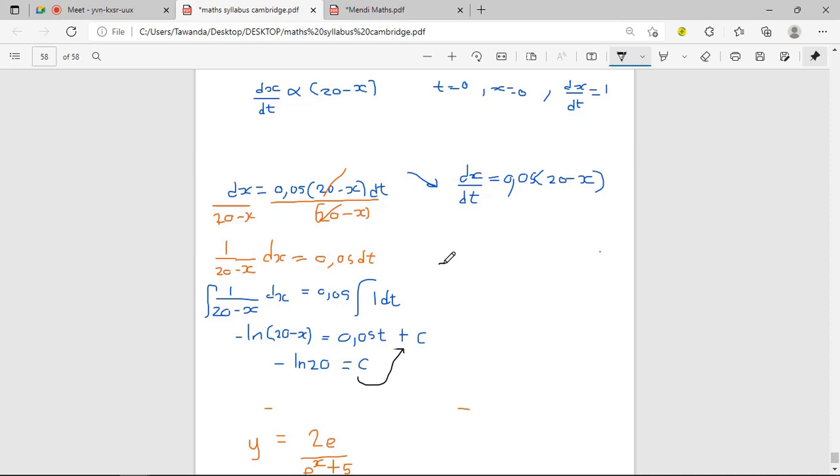So your equation is going to be negative ln of 20 minus x is equal to 0.05t minus ln 20, right? Are we together on this one?